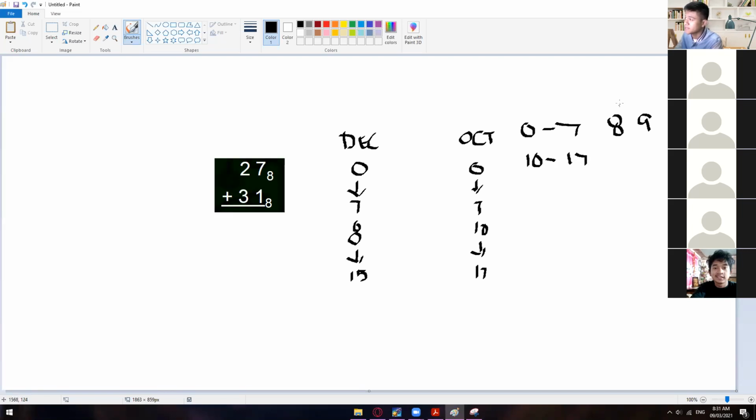This one doesn't have 18 and 19. Of course, the next one is 20 to 27. Again, this one doesn't have 28 and 29. So as you guys can see, we have already missed 8 and 9.